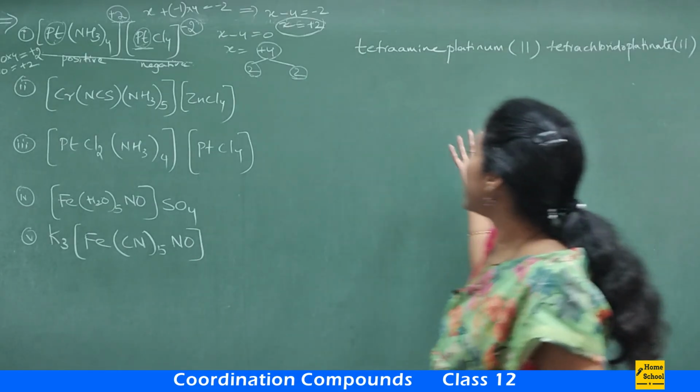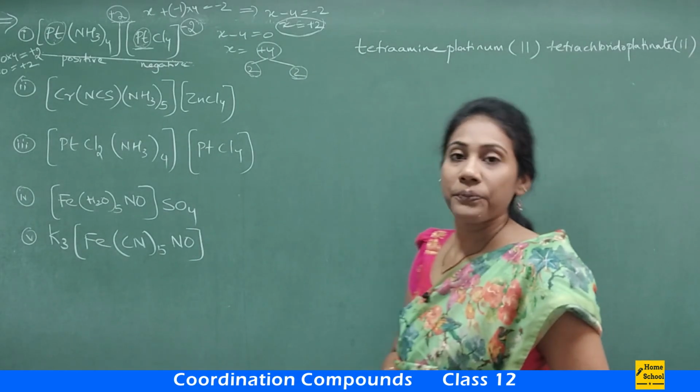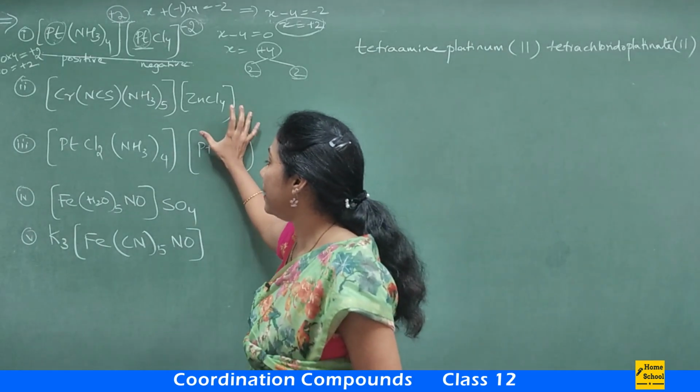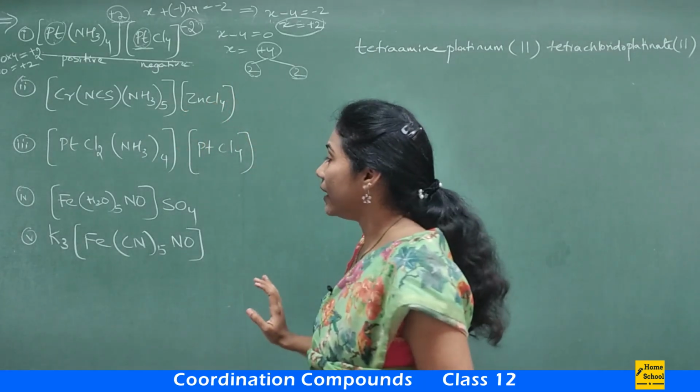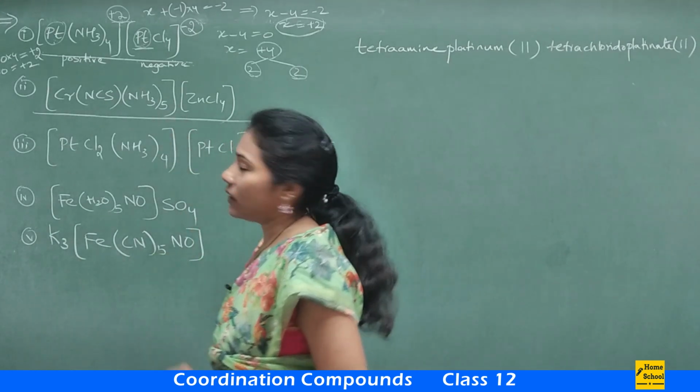So this is the way of writing names of double complex salts. Fine. Now let us go for the next example. I have 2 more examples of double complex salts. Let us find out the name of this particular salt.